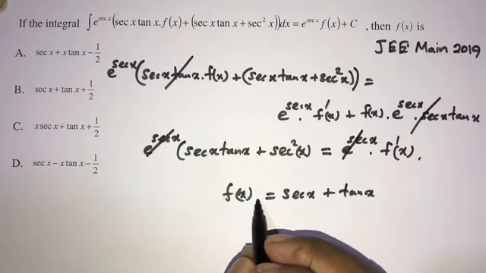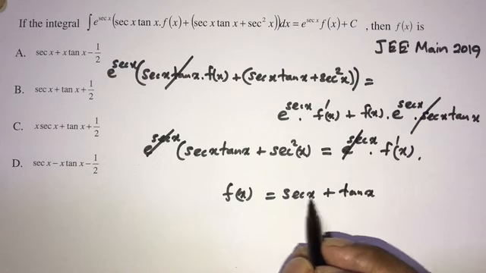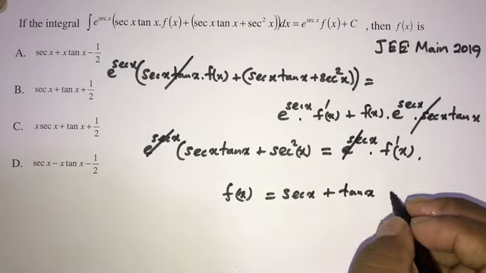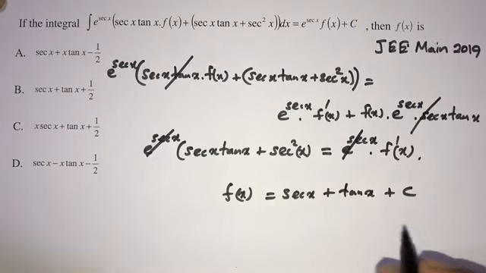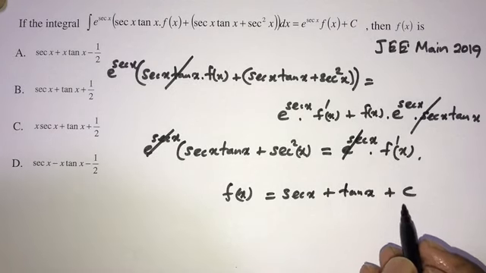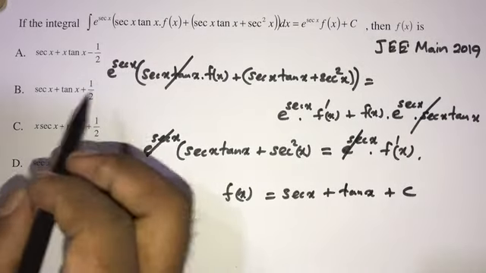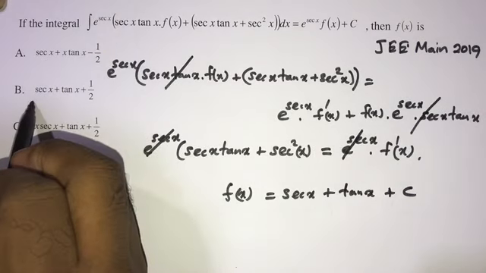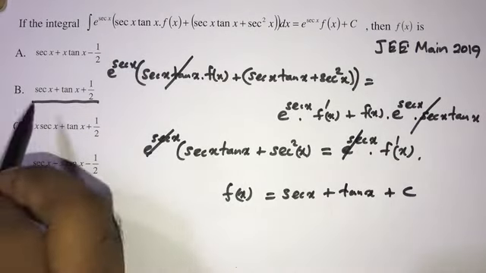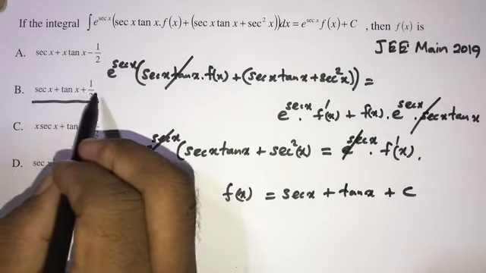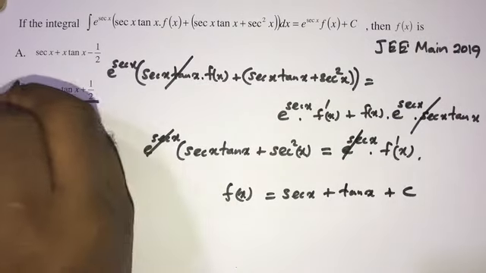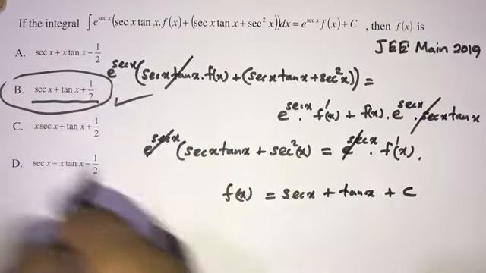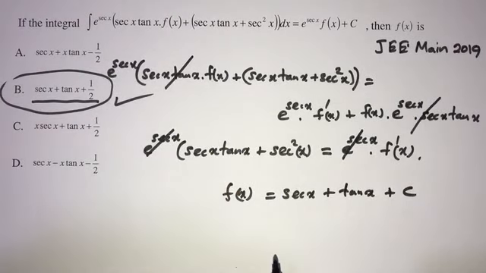Now f of x is equal to secant of x plus tan of x plus c, where c is an arbitrary constant. So here in this we have our options, secant of x plus tan of x. Okay, this is the answer. So c is equal to 1/2. Okay, B is the correct option. Okay, let's move to our next question.